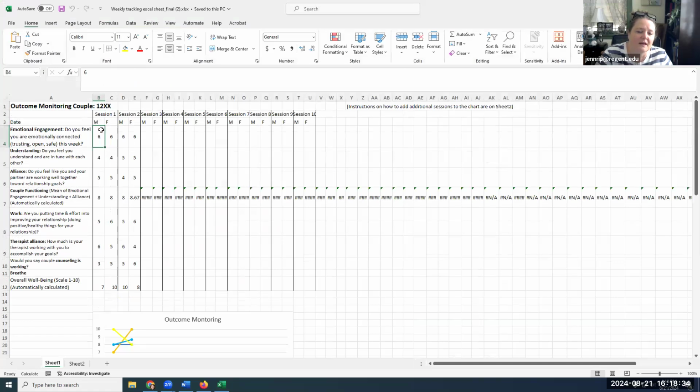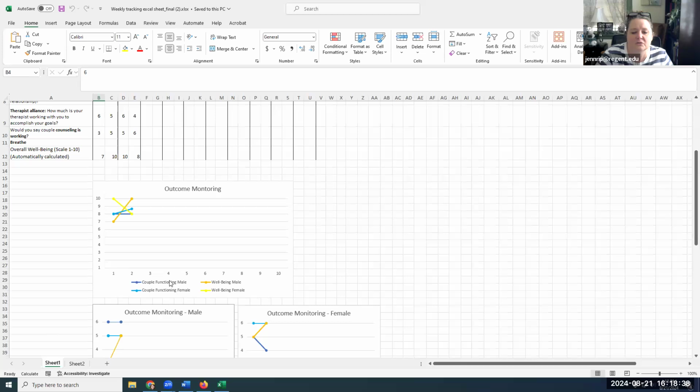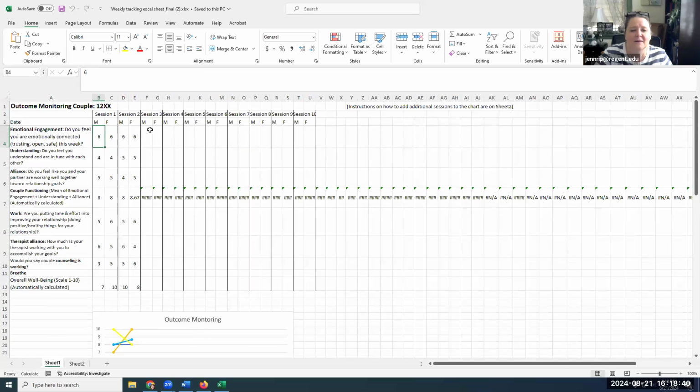We've got the first 2 sessions pre-blocked so that it shows up down here, and then you can go through and do the rest of it. You can enter this information from the routine monitoring into the Excel, so that you can review it with a couple at session 6 and final sessions. So very good. Nice.